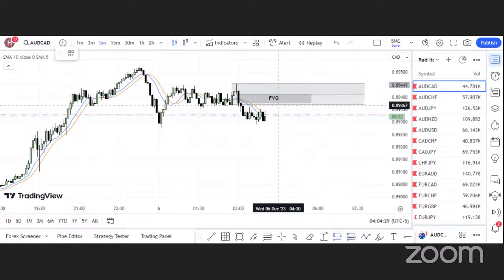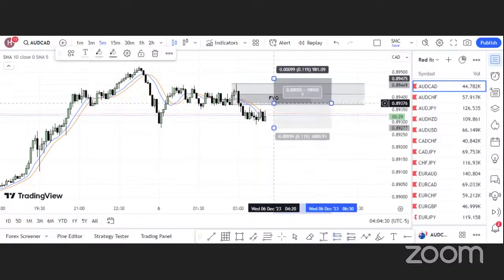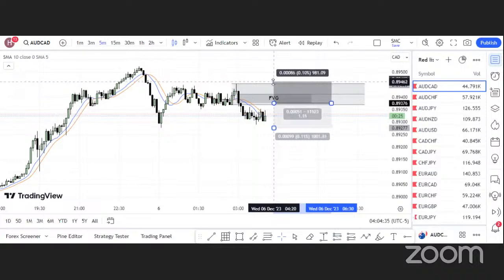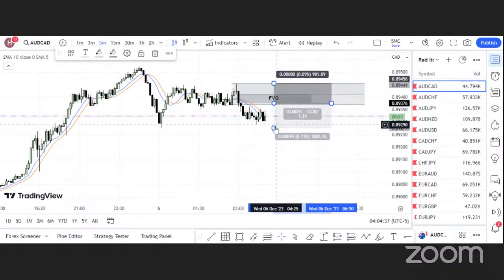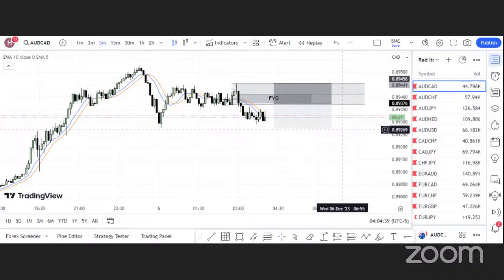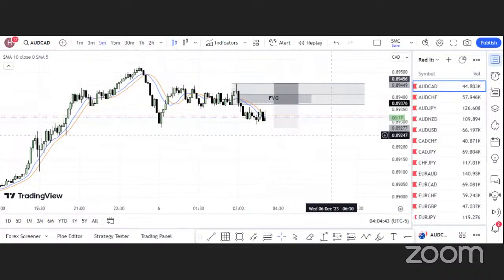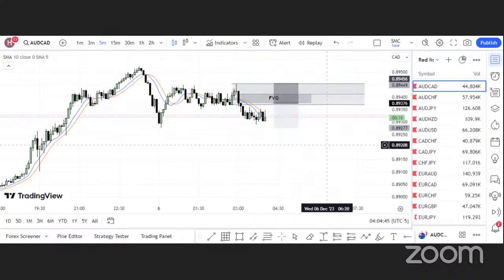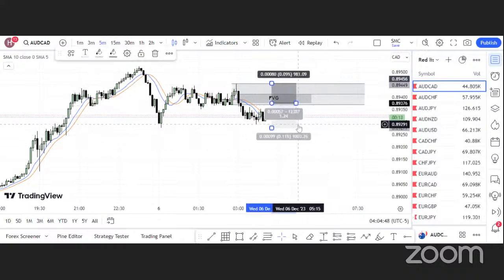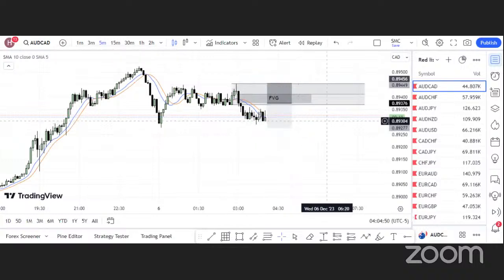So let me just do this. Okay, so once it touches our entry, then we'll have a sell, have our stop loss and our take profit this way.